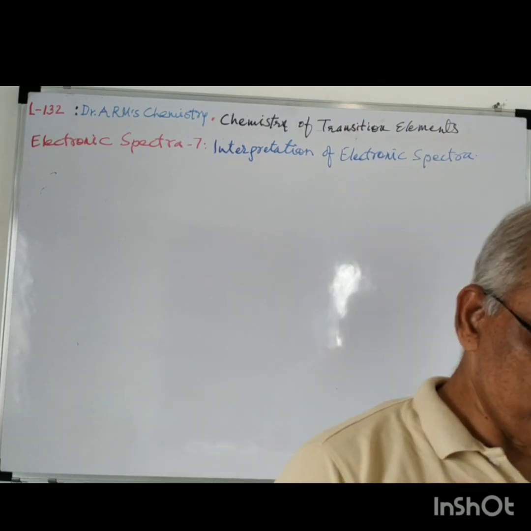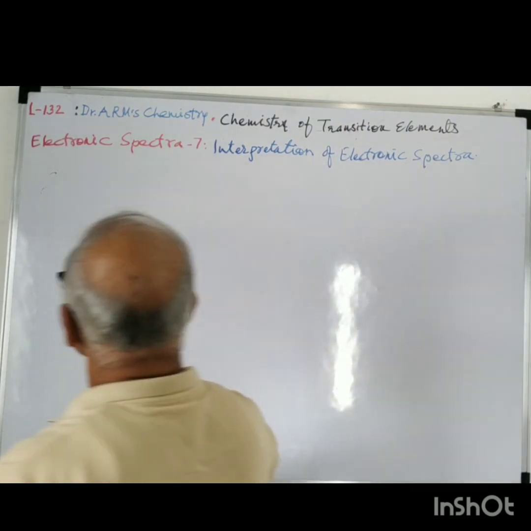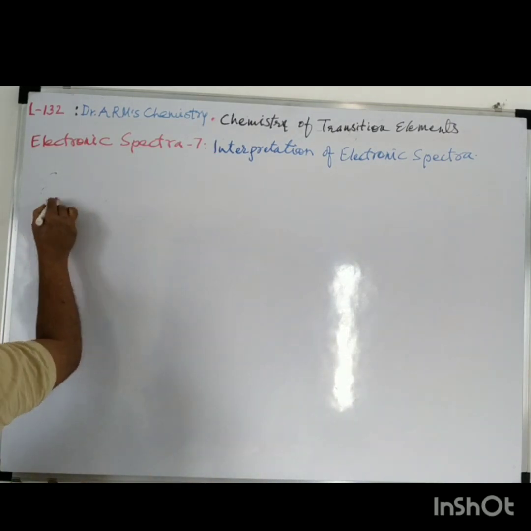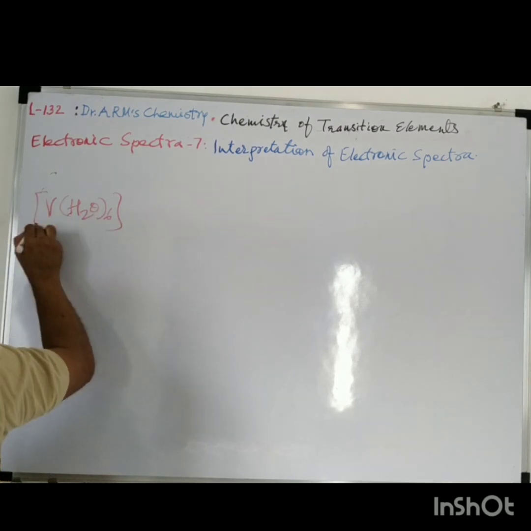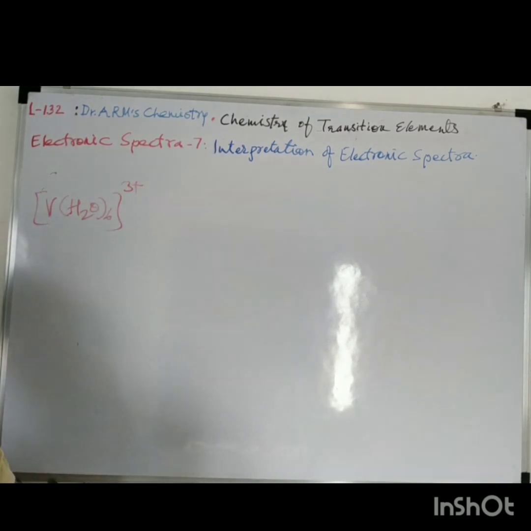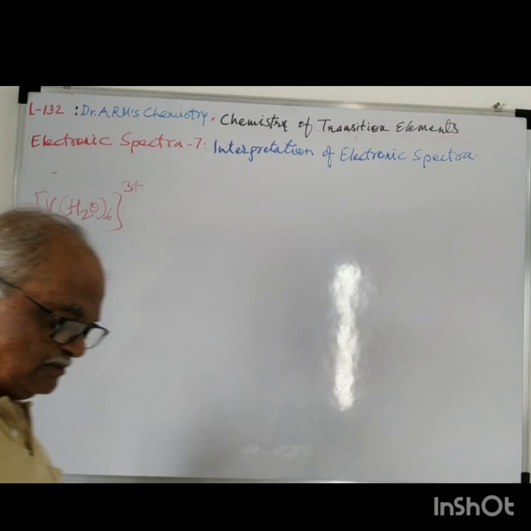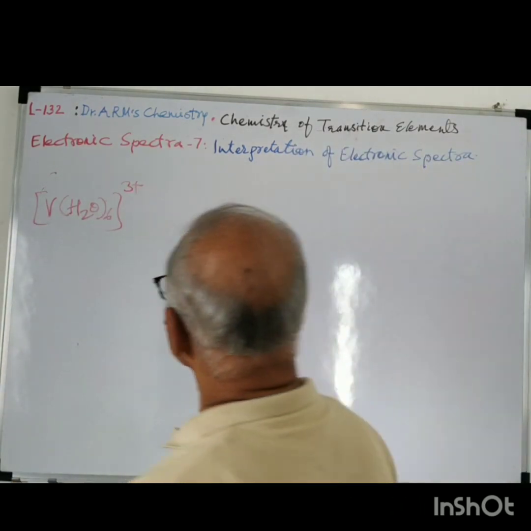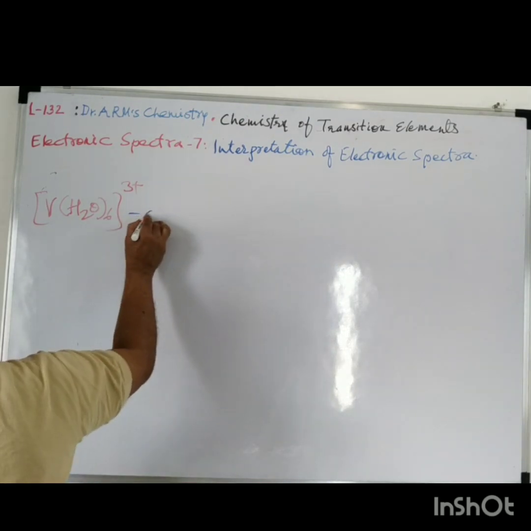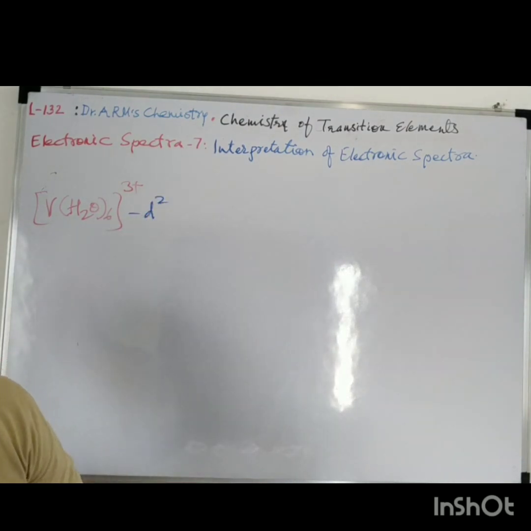So interpretation of spectra for [V(H2O)6]3+. This is also an example of d2. This is also a d2 configuration.